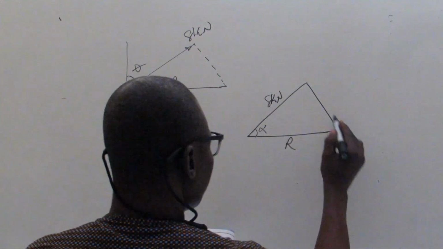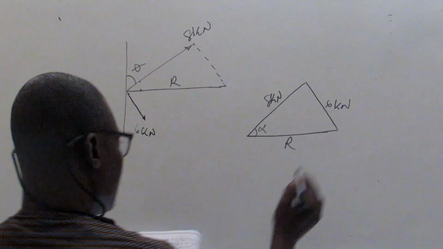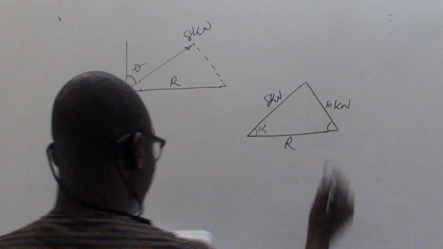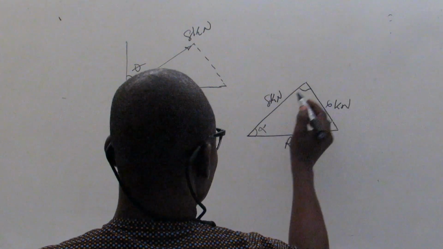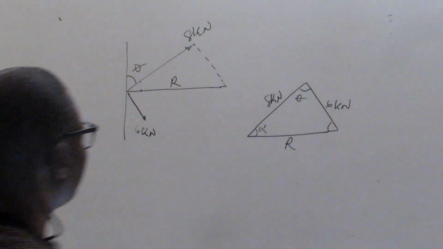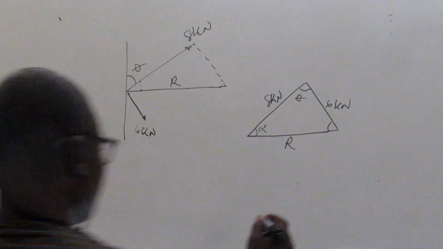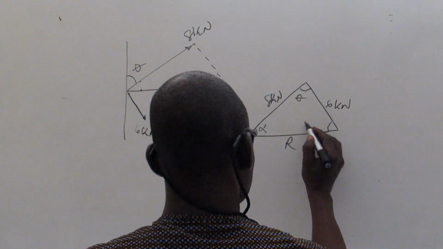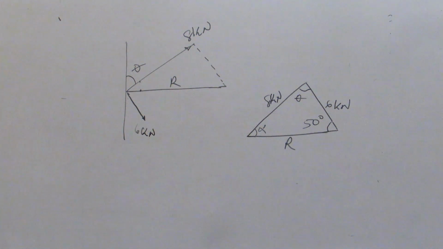We have our 6 kilonewton. And then, what of the value of this angle? We don't know this angle. Let's call it theta. But what of this angle? We should know it. And its value is 50 degrees. The angle is 50 degrees.